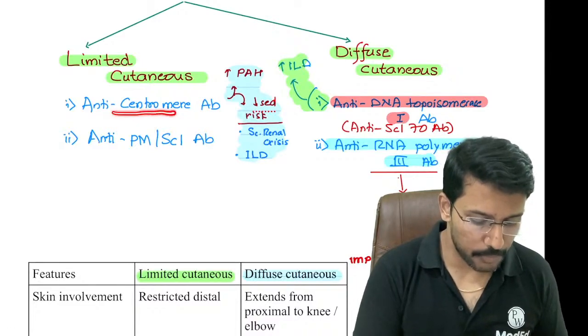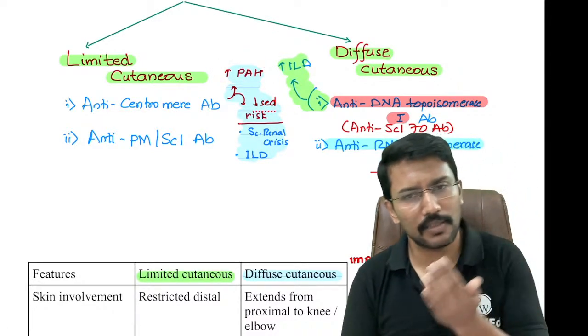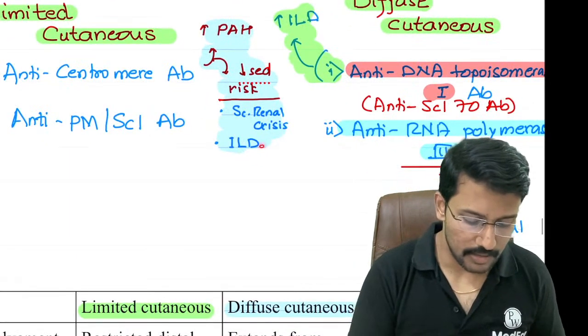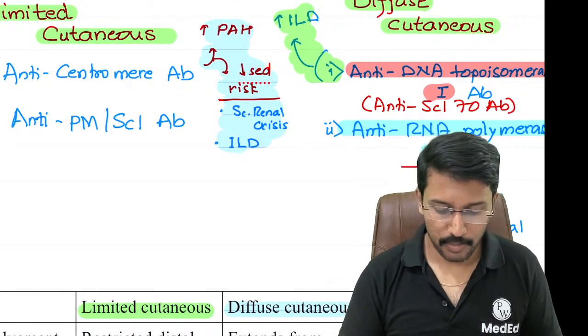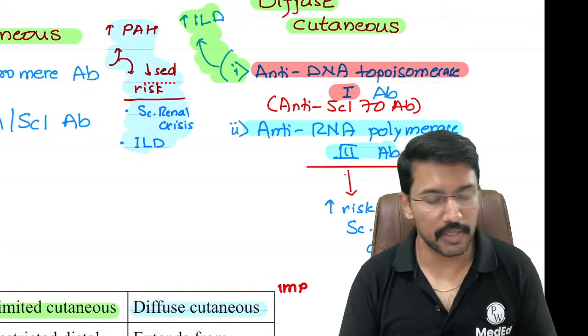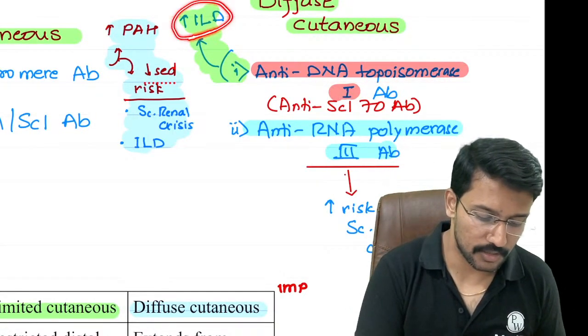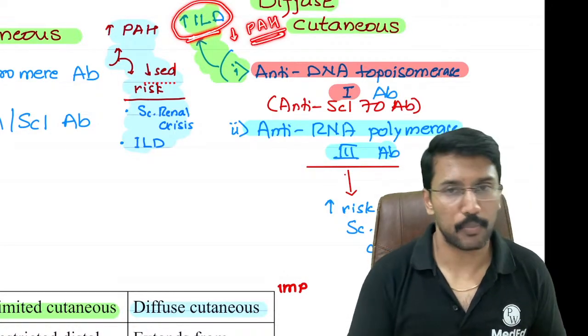So if I have anti-centromere antibody, it means there is increased risk of pulmonary arterial hypertension and reduced risk of developing interstitial lung disease and scleroderma renal crisis. If I have this anti-DNA topoisomerase 1 antibody, it means there is increased risk of developing interstitial lung disease and reduced risk of pulmonary arterial hypertension.